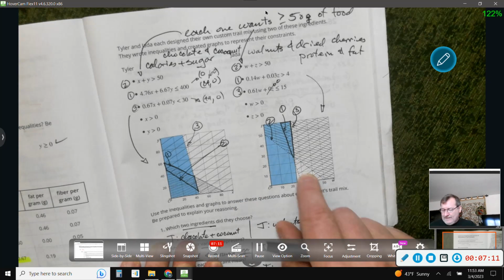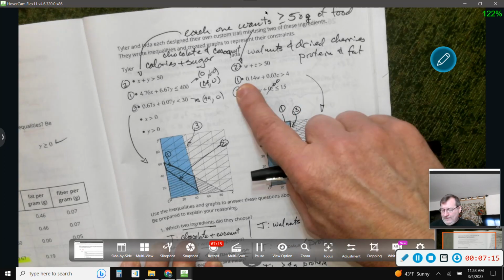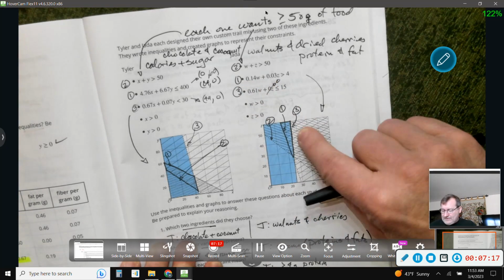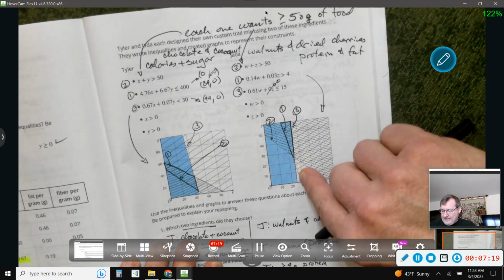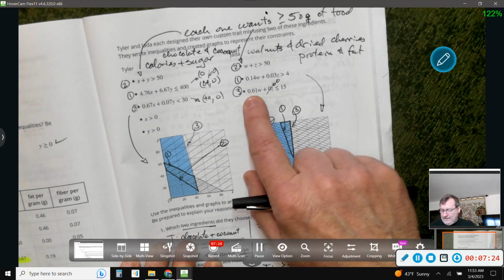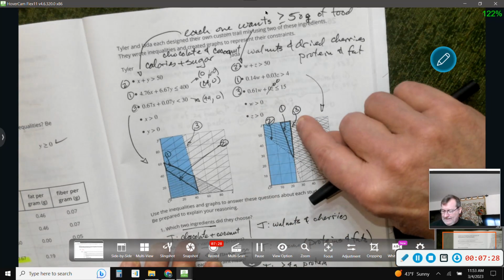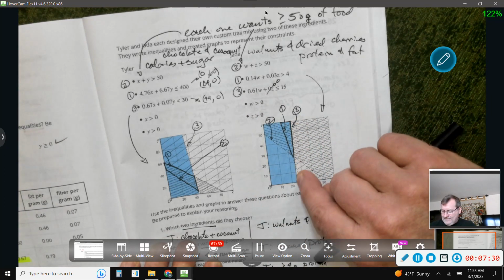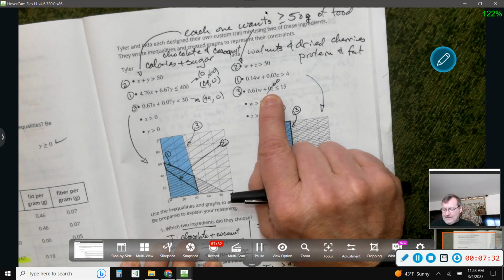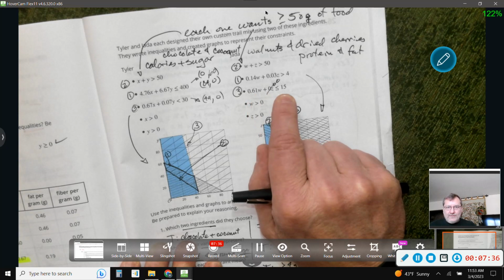Let's see, number 1, which is the protein constraint, is this little dashed line right there. And the one for the fats is right here, and that's line 3. That goes down. You'll notice that this is a 0 here, so you have 0.61 W equals 15.